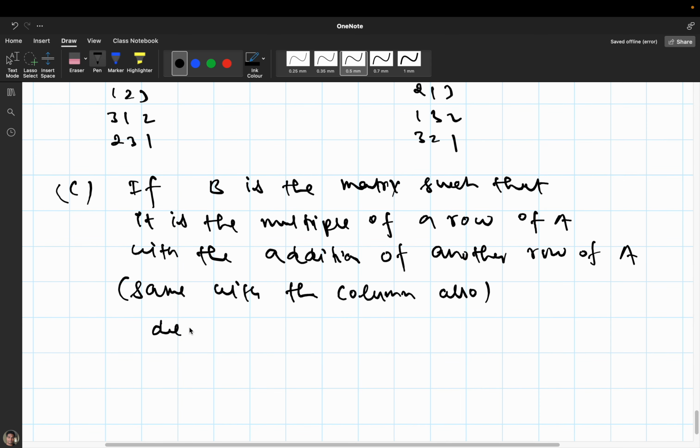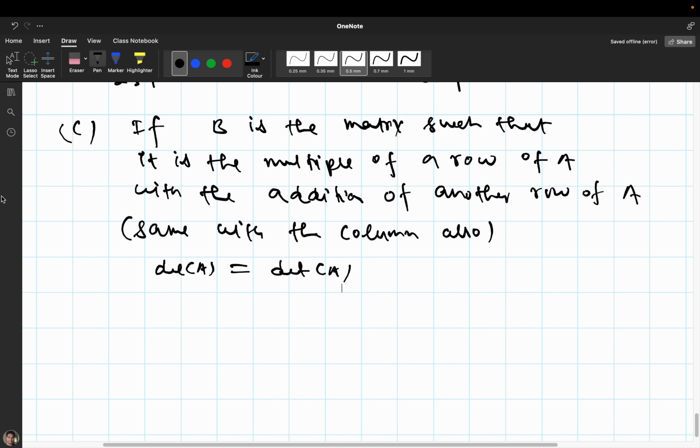Then determinant of B will be exactly equal to determinant of A. Determinant will not change. Is it correct or not? Tell me.